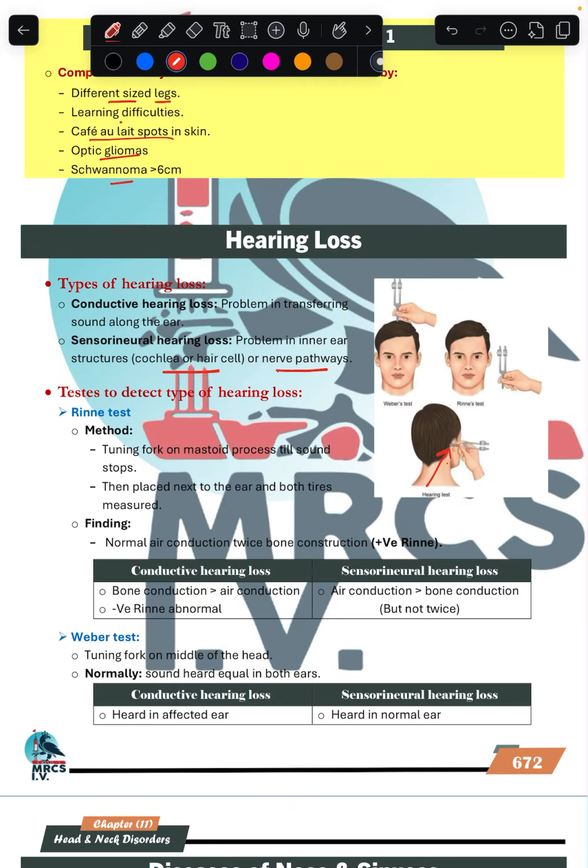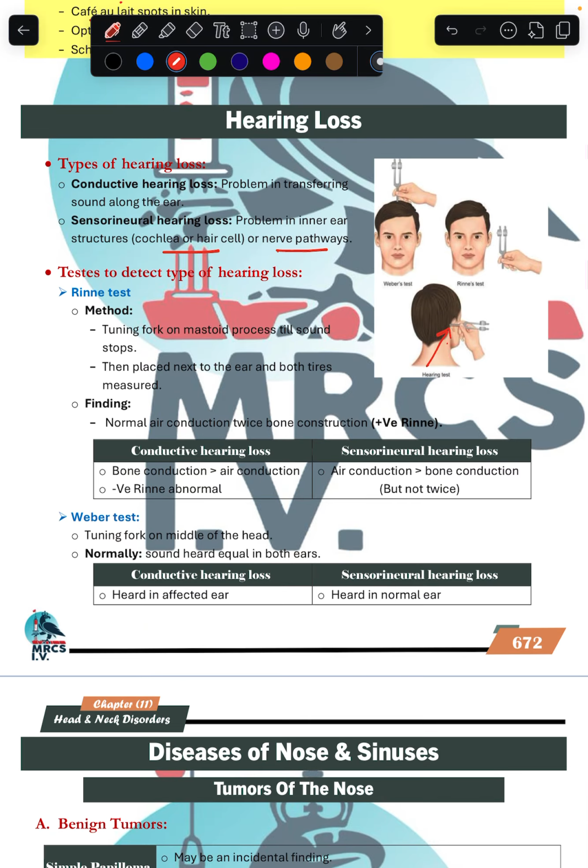Bone conduction more than air conduction is negative, so it is abnormal. Once the sound has stopped and the person is unable to hear it from the air but hears from the bone, that is negative, so there is conductive deafness.